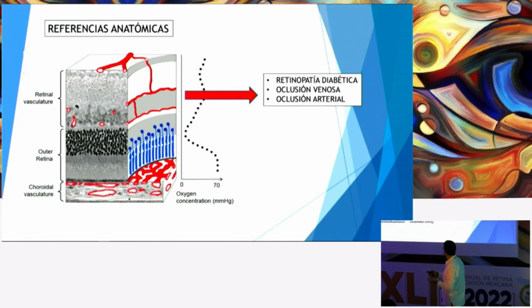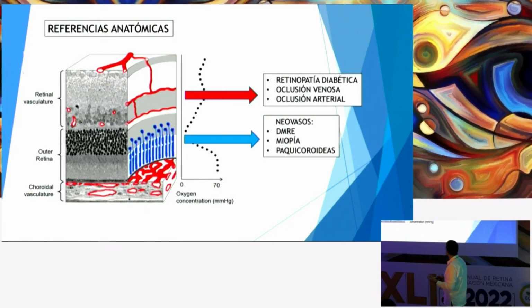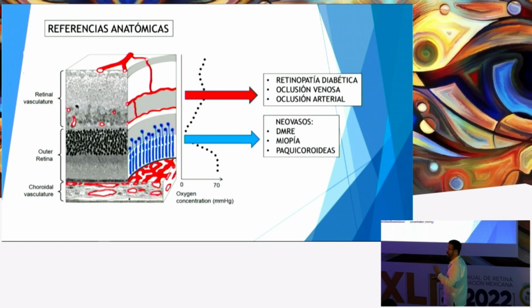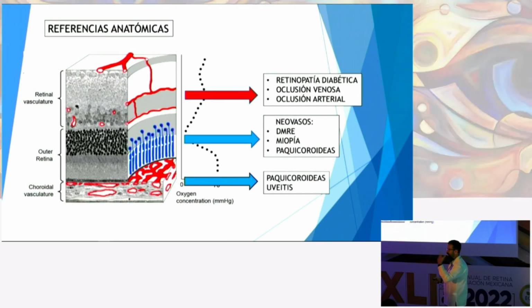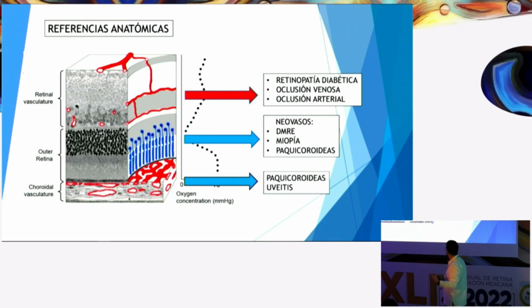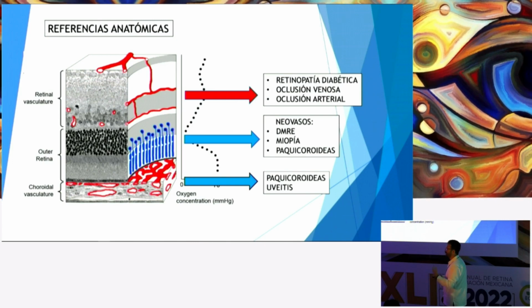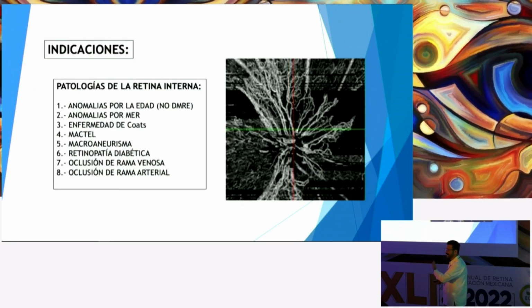But if the problem is on the external retina, that is avascular, then we are looking for neovessel formation or age-related macular degeneration in a patient with myopia or in pachychoroidal diseases. And if it is more external, then we will be looking for pachychoroidal diseases or uveitis. So these are the indications, the general indications.